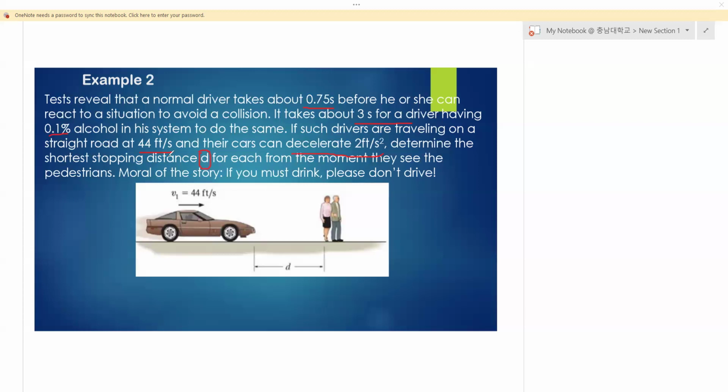So the moral of the story, for me and you, is that if you must drink, please do not drive. For you guys who have cars, normally if you're going to drink, in some countries what people do is hire private drivers.